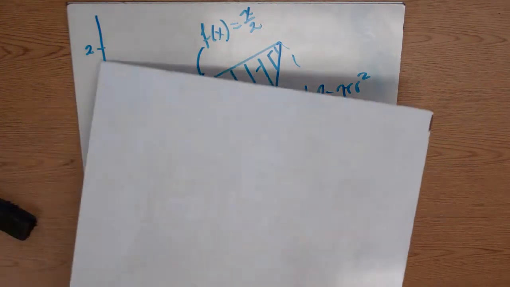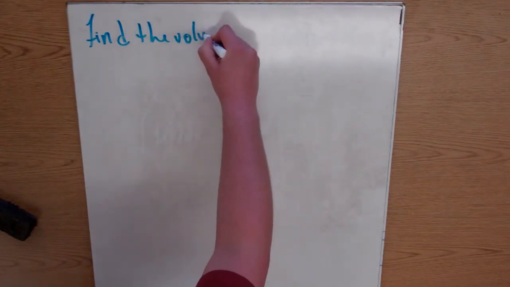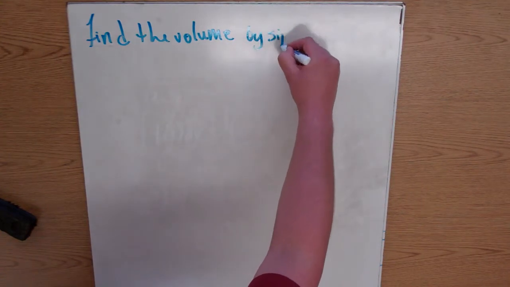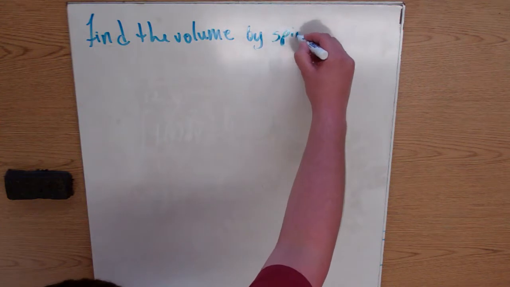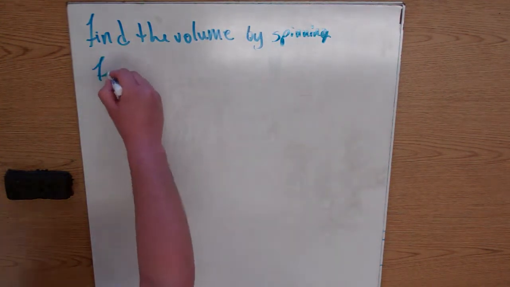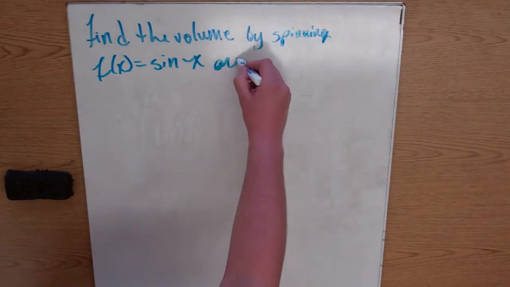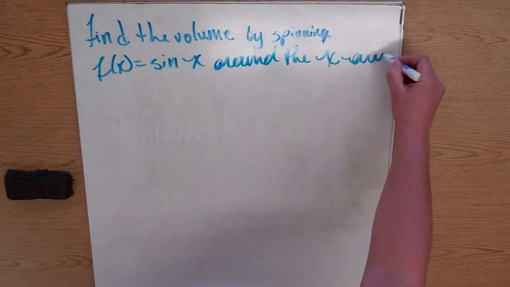Alright, let's look at one more of these before we call this video finished. Alright, so we want to find the volume by spinning f of x equals the sine of x around the x-axis.